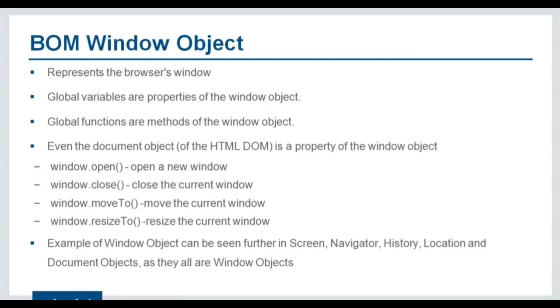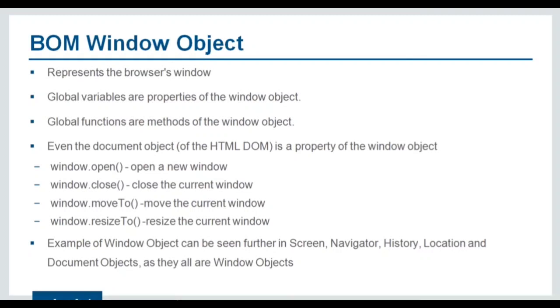If you use the window.close method, it will close the current window. If you use something like moveTo, your window will move to another location. But if it is full screen, you won't even realize that it has moved. If you adjust its height and width and make it a small window, then you will be able to notice its moving. You can resize the current window, and you can do a lot more with this window object.